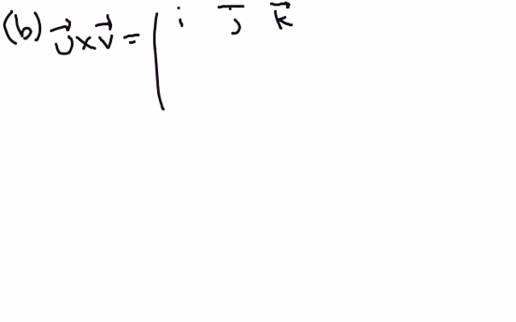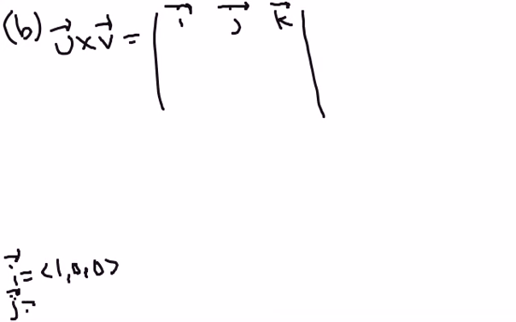Determine the cross product of the vectors and state the geometric meaning of your answer. So we want to find u cross v. So I'm going to set up my cross product matrix, if you will, with the standard unit vectors. Remember that i, just as a quick review, is 1, 0, 0. j is 0, 1, 0.